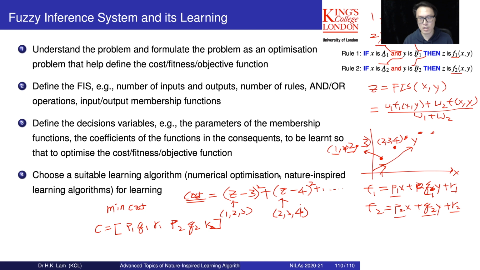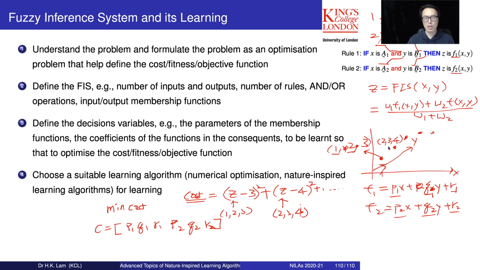That means we use the genetic algorithm to find these 6 variables. They are the decision variables, so as to minimize the cost. And if we find a good solution, then we are able to approximate these points.